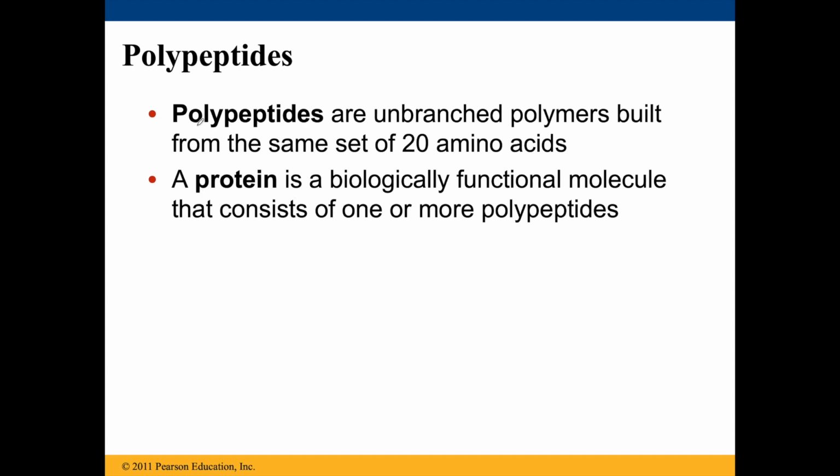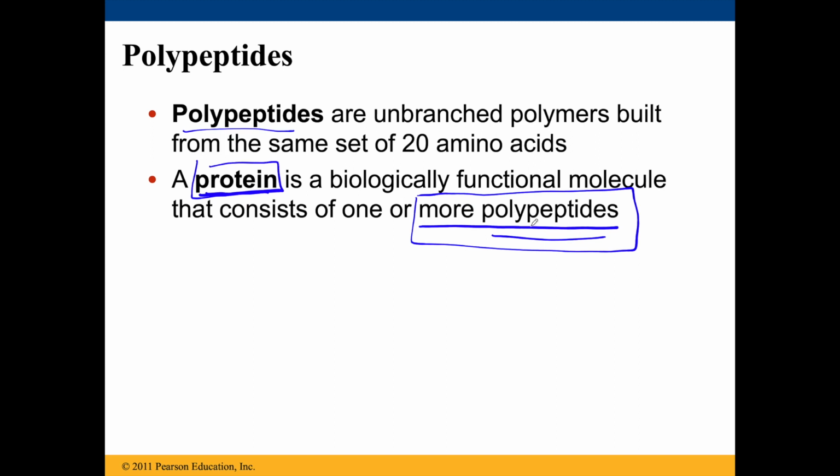The reason that all polypeptides are not proteins is because some proteins are made up of more than one polypeptide. In that case, each individual polypeptide is not called a protein. The ones that come together to make the functional protein, that's called a protein, and each individual one that makes up the protein is just called a polypeptide.